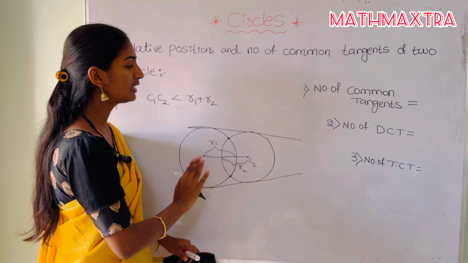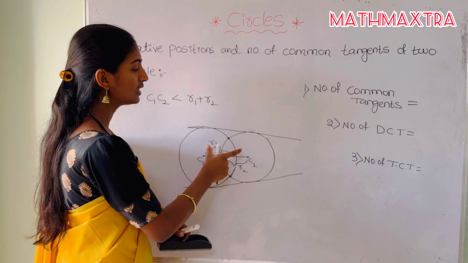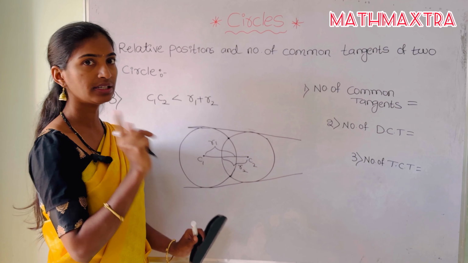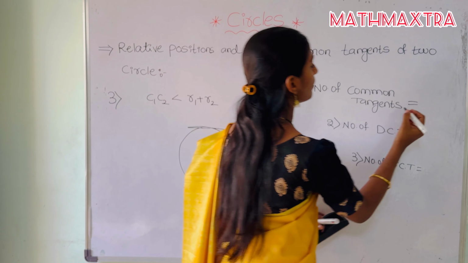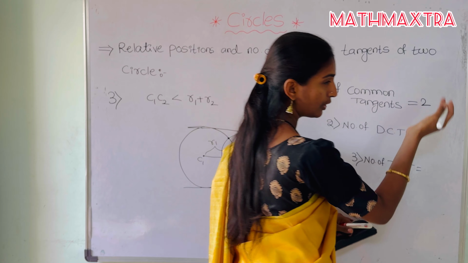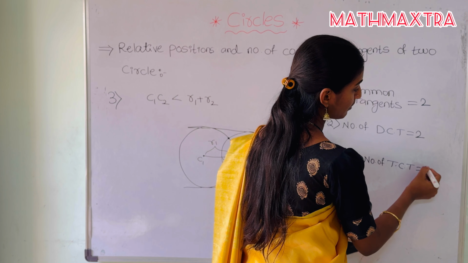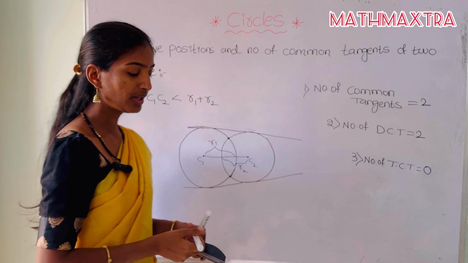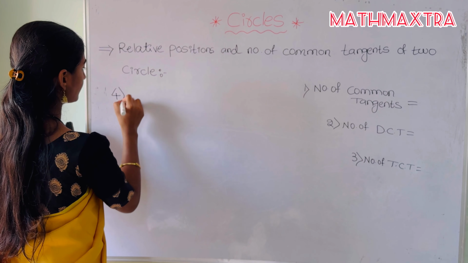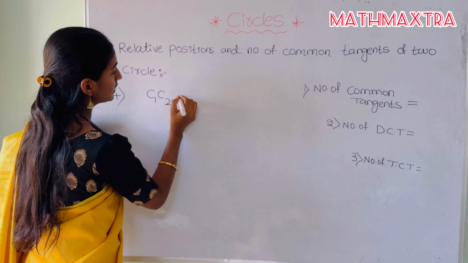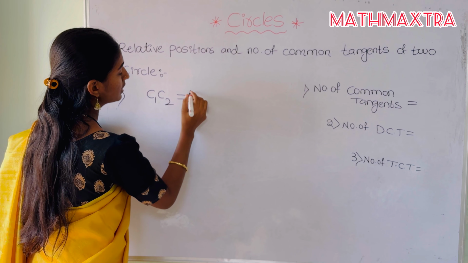That is why we can't draw a transverse common tangent if the circles are like this. So we can draw only two direct common tangents. The total number of common tangents is 2, both direct, and the transverse common tangents are 0.